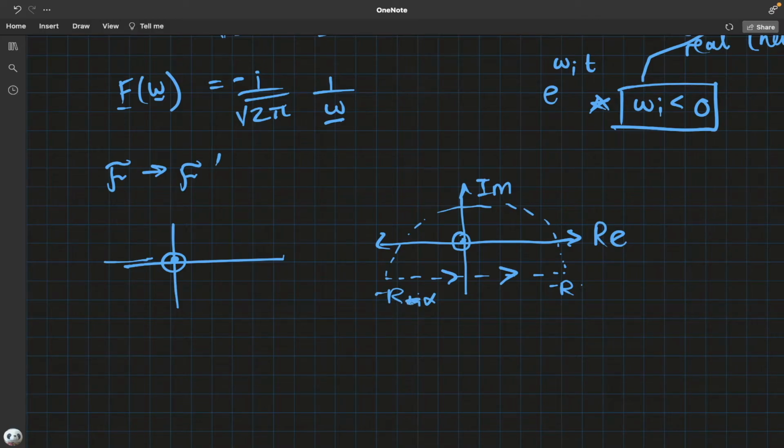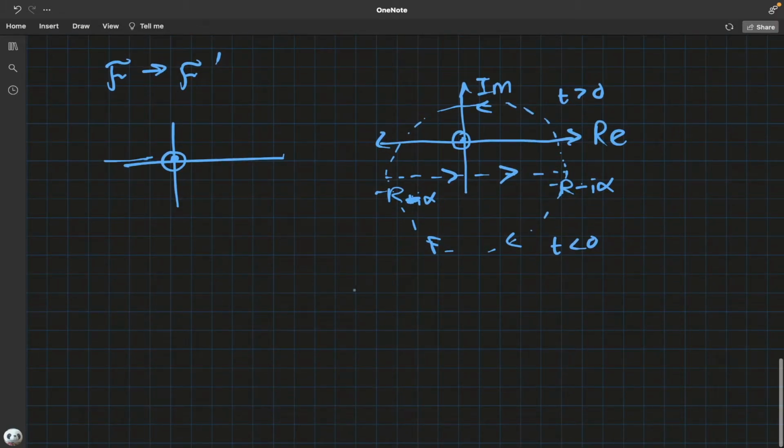Sorry, here's minus imaginary everywhere on this, and then just close on top for positive time, and then close down for negative time, basically the same arguments as before for the regular case. So here's what our contour looks like. Sorry if it's messy, but hope you get the point. And we're integrating on this axis here.